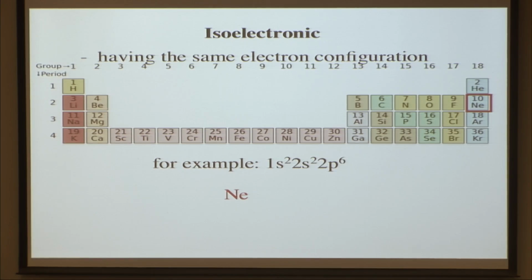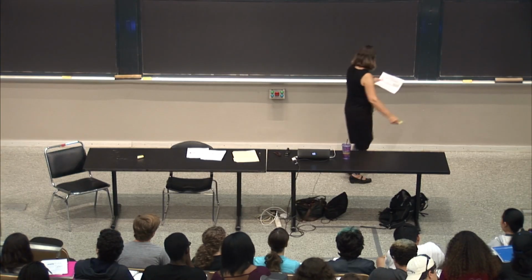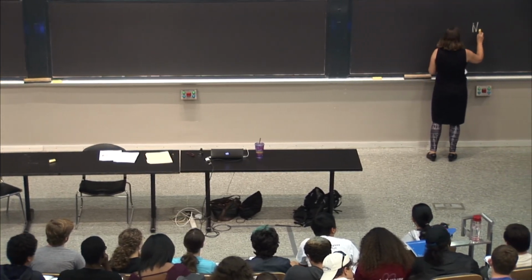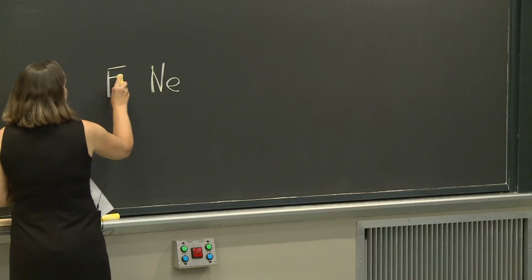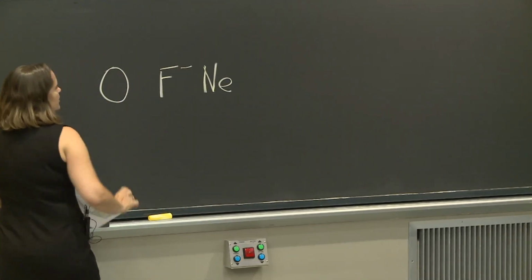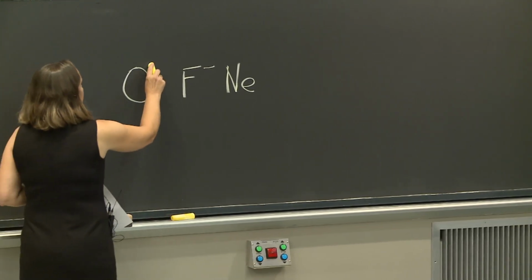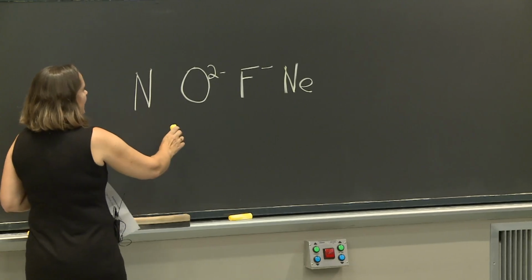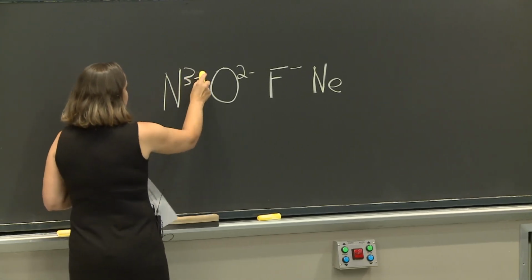So what do I write? What's the thing for fluorine that is going to be the same electron configuration, just in terms of its charge? I'd write F what? Minus. For oxygen, what am I going to write? 2 minus. And say nitrogen, we'll stop there. What's that? 3 minus. Great.